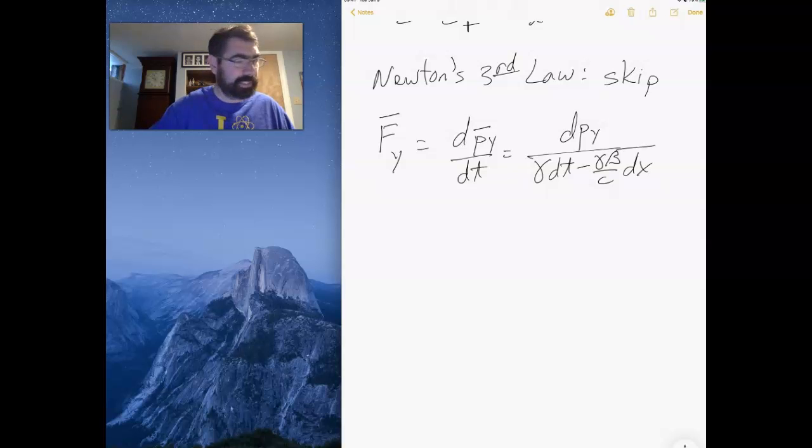So that dt bar right here is equal to what you get in the denominator over there.